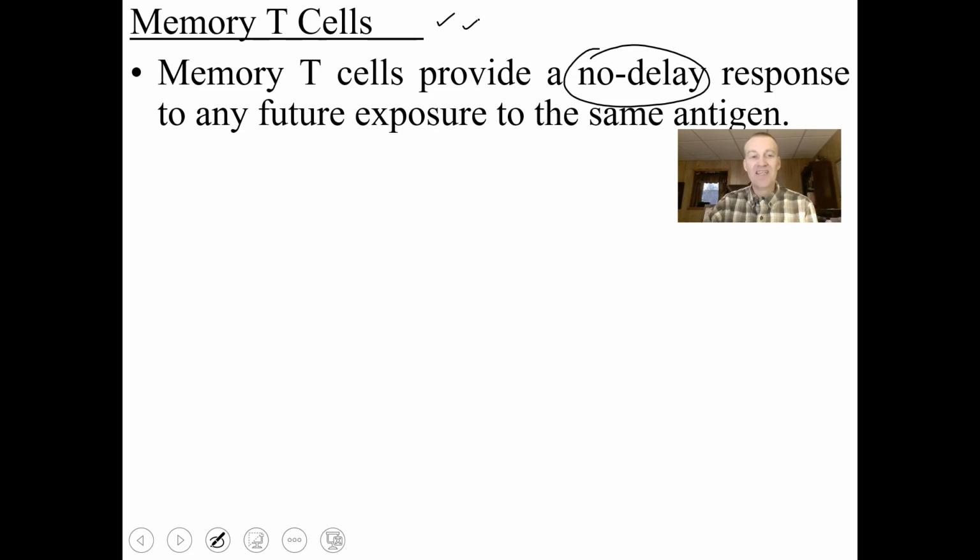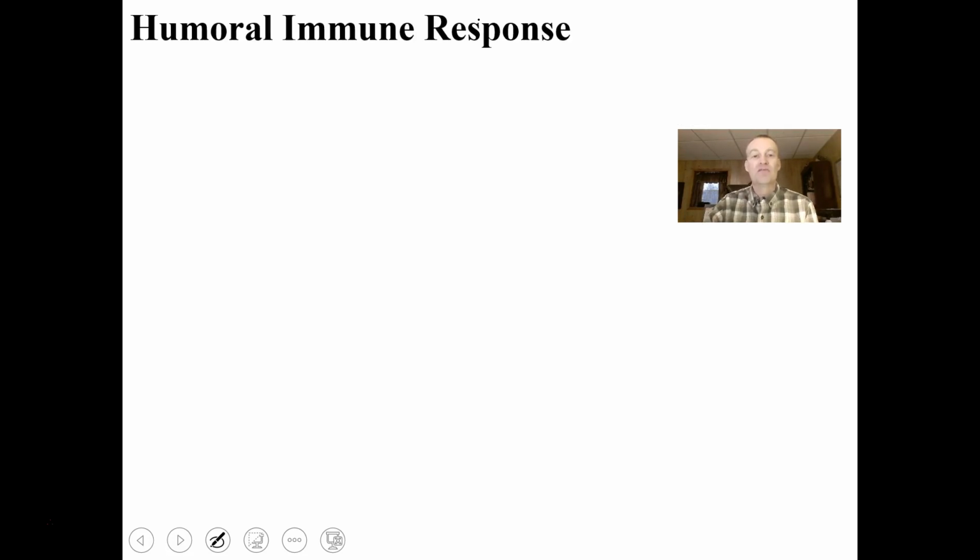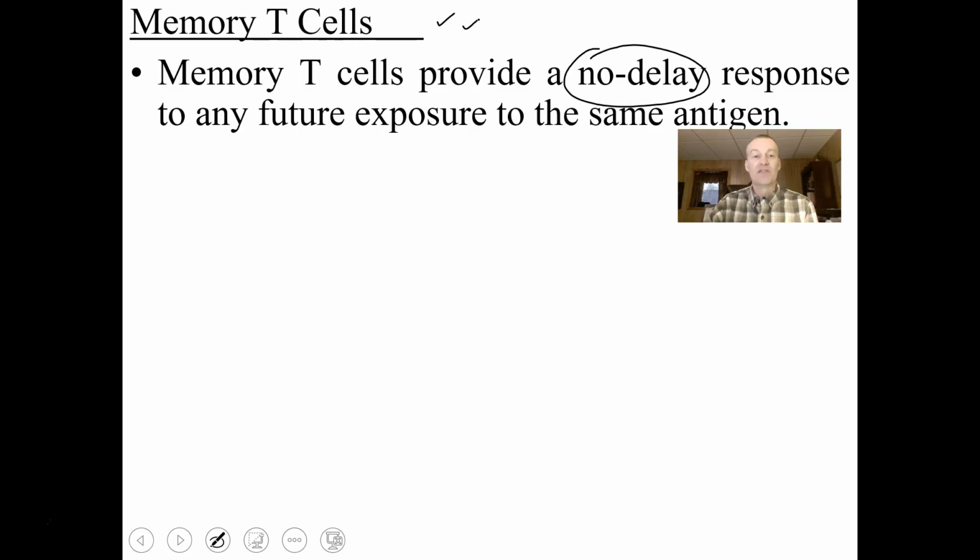If you actually get an infection, then next time you're exposed to that agent, you may not ever even get sick and not even realize you've been exposed to it because of the memory cells. So memory cells are really, really important. Now you do have memory T cells and you have memory B cells. We have both of those, and they both provide a no-delay response.